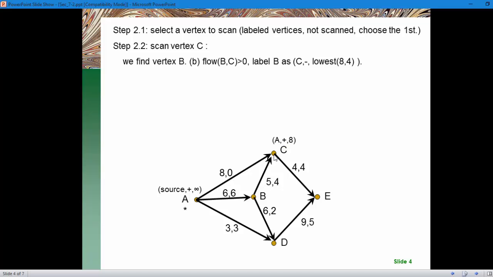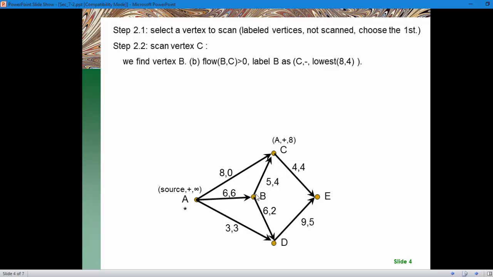Now at vertex C, we have up to 8 units of flow that we should be able to increase up to this point. However, there is only room here to decrease 4 units. We can only decrease 4. This way the flow here will go down to 0. The number here cannot be negative, so we can only decrease 4 units. That means we're able to move up to 4 units of flow along this reversed edge.